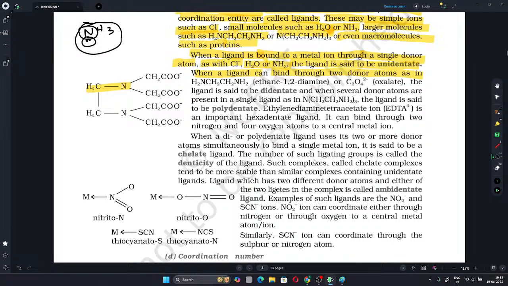This is called unidentate. But in ethane 1,2 diamine, this N will have a lone pair, and this N will also have a lone pair. In this single molecule, these will form two coordinate bonds with the metal. This is called bidentate or didentate.